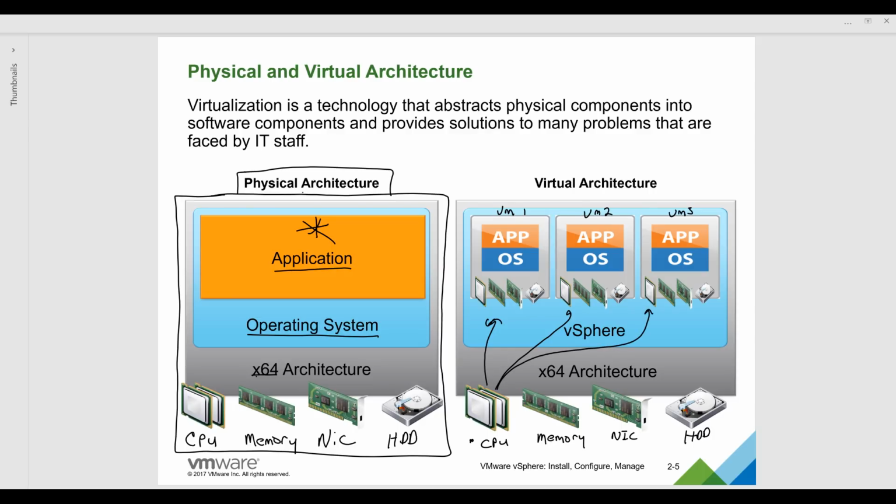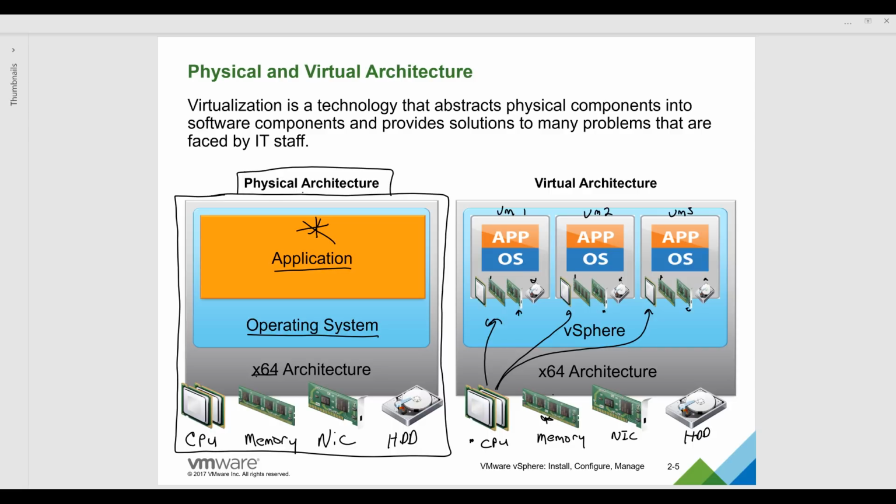Right? So with that being said, our memory, same thing. We have a pool of memory here. That memory is used across this VM, VM2, VM3. Same for your network card. Your network card is virtualized. Used on that VM1, VM2, VM3. And same thing for your storage is virtualized. We use it on VM3, VM2, and VM1.